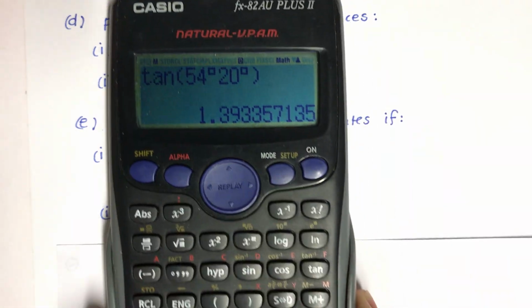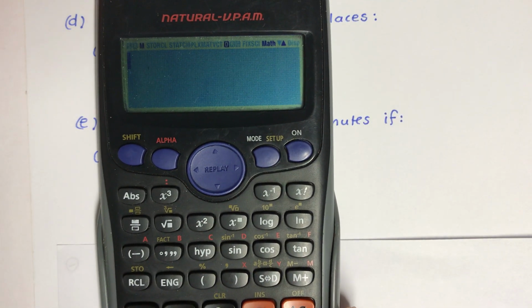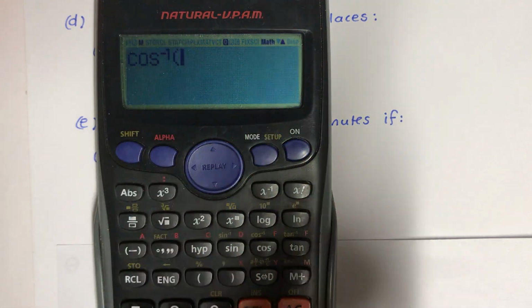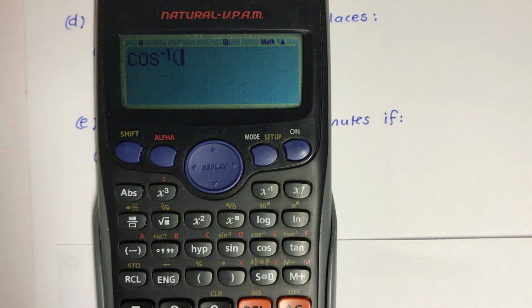So let me show you the calculator. So clear that up. I'm going to go shift cos. Can you see there's the inverse -1 there? Because it's moved from the left to the right, it happens. So whenever the question says find the angle, that's what you've got to do. You press shift and one of those trig ratios.